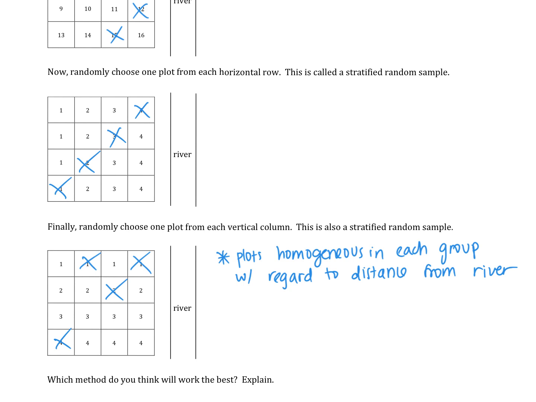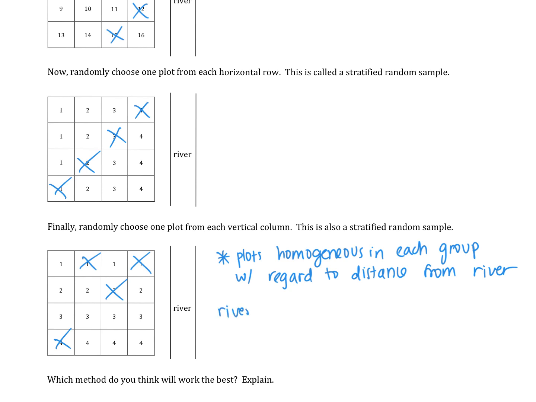If you were asked a question like this in the homework or on a quiz or a test, and the question was which one is better and why, this is not sufficient. What is most important about what Danny said is he connected this to the effect of the river on the crop yield. You would need to say that. So these plots are homogeneous in each group with regard to distance from the river.